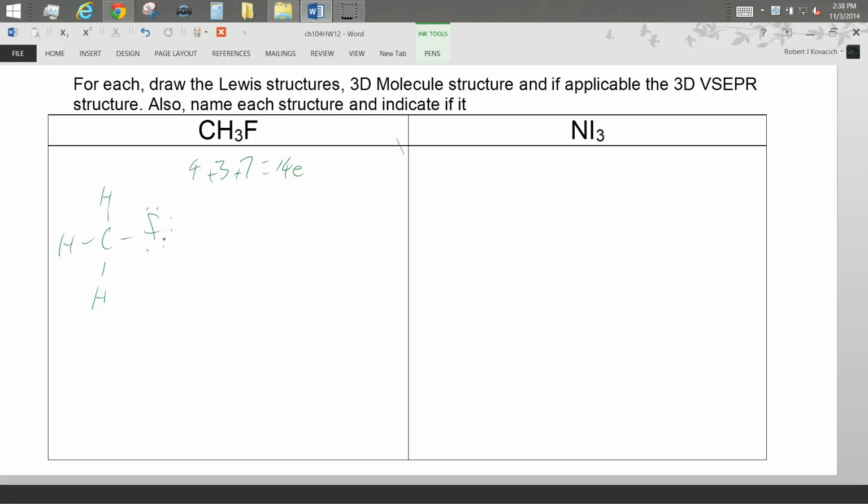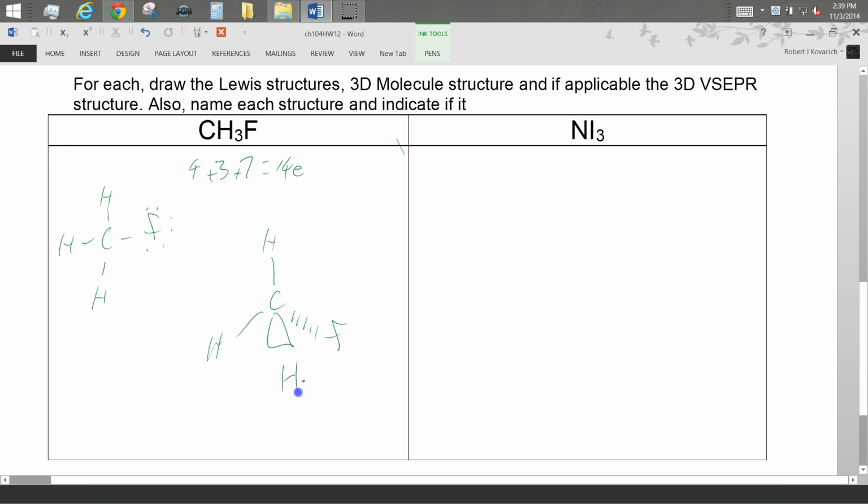And what I have is 1 atom and 4 things around it, and all 4 of those things are what? Atoms. So then what's the structure? Tetrahedral. So I'll put a carbon here, I'll put a hydrogen there, I'll put a hydrogen there, I'll put a fluorine there, and I'll put a hydrogen there. Does it matter where I put the fluorine?